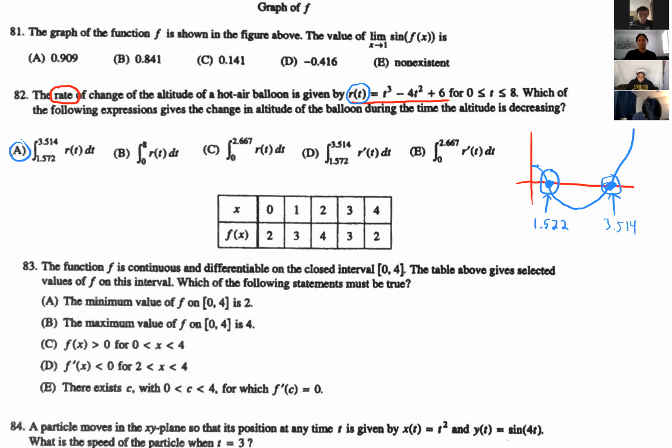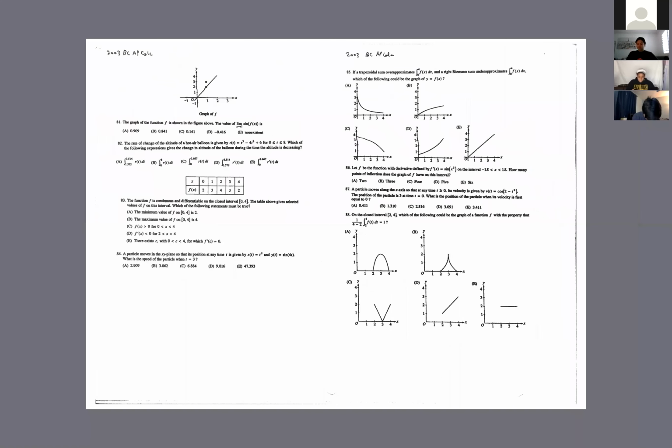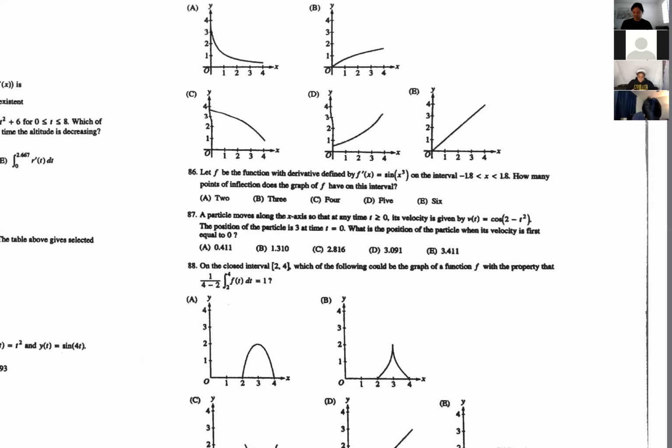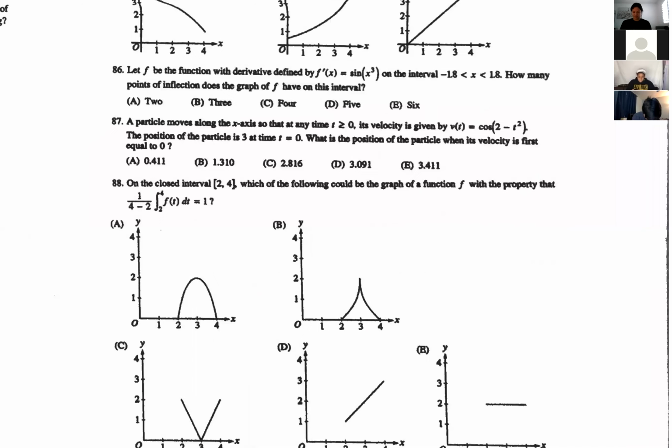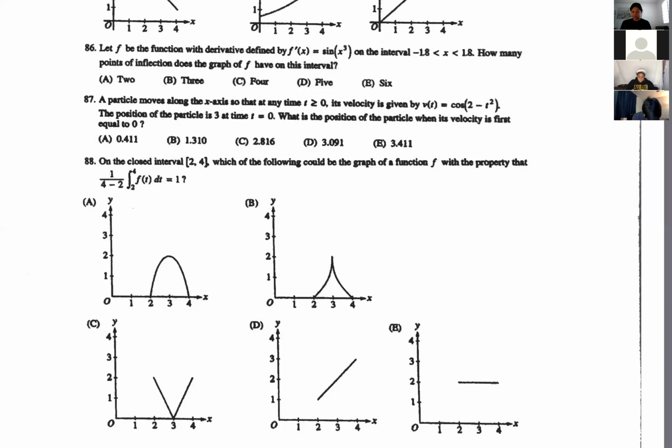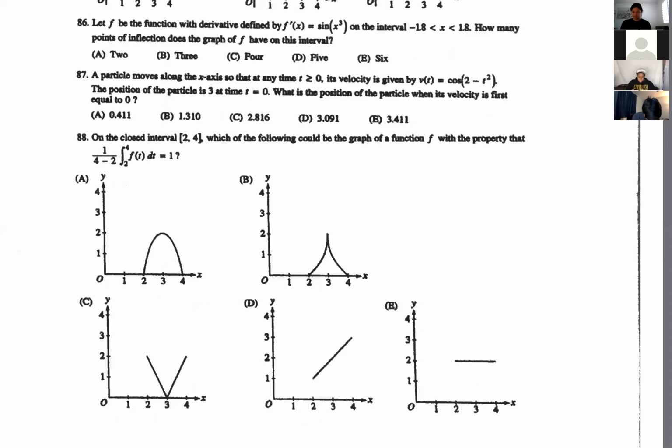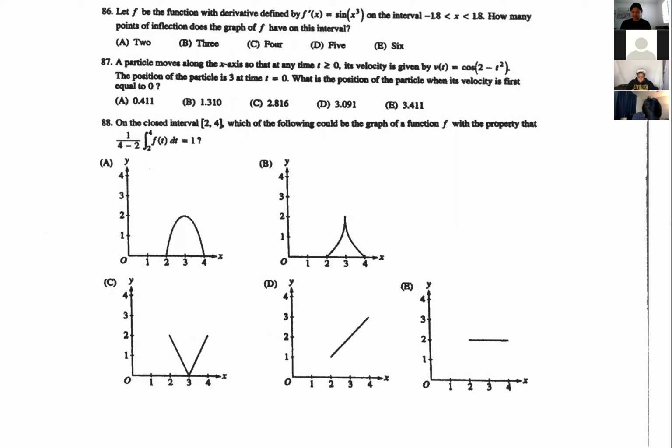87. Yeah. Let's look at 87. Okay, so on 87, it gives you a velocity function and it's asking about the position.